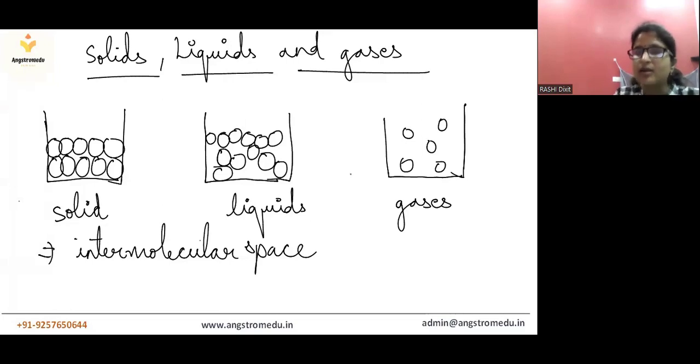The particle model is used to represent atoms which are very small, whereas life-sized models you can see properly, and you can study their structure and functions properly.